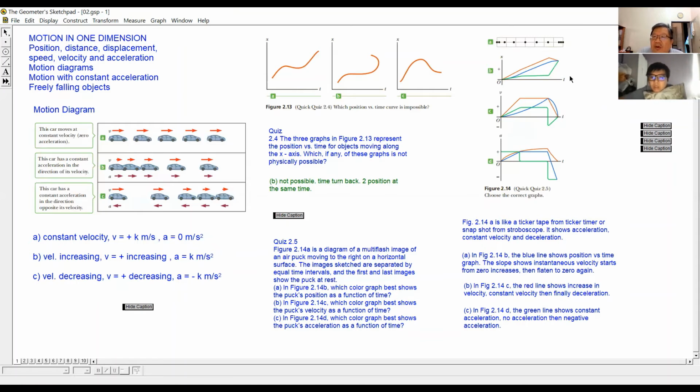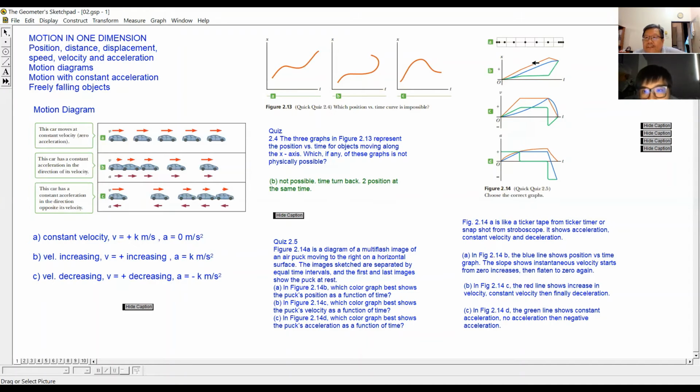Which of these three lines, the red line, the blue line, which is very smooth, or the green line, shows the motion of the object described by this A here?